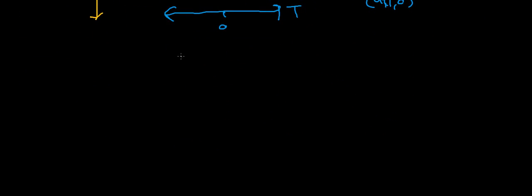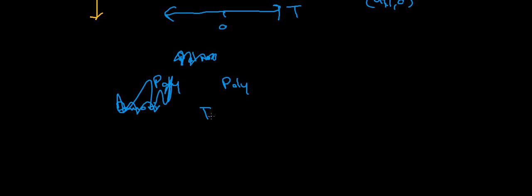So for polynomials, the domain is a horizontal line, the x-axis, and it goes to minus infinity and positive infinity.